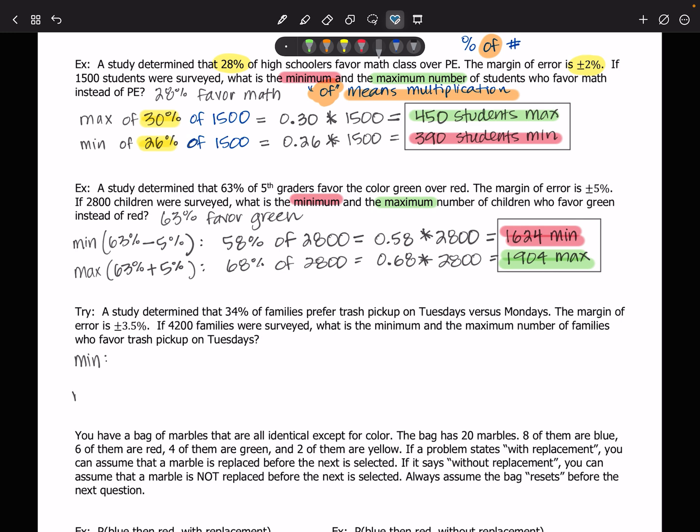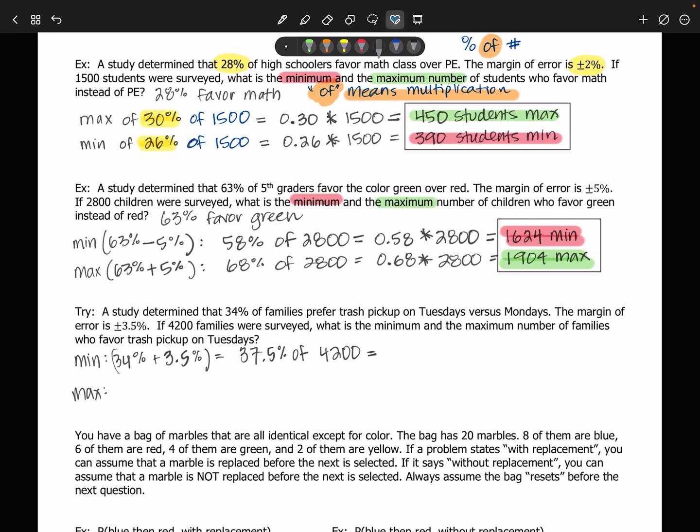Okay, welcome back. For minimum, I got 34% plus 3.5% is equal to 37.5% of 4,200 families.